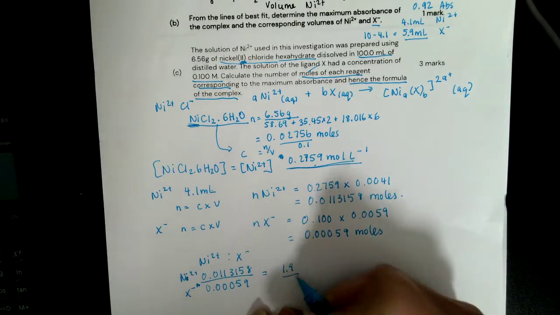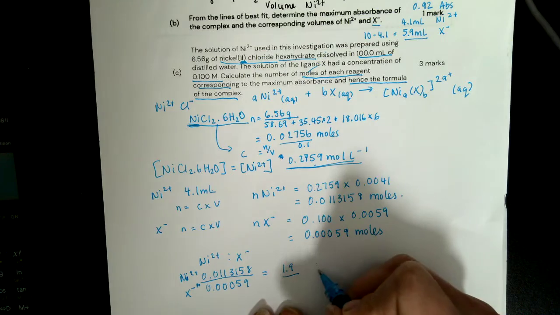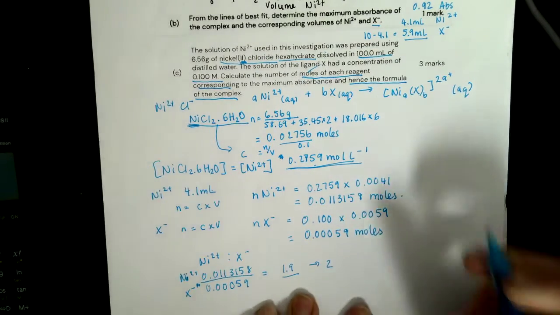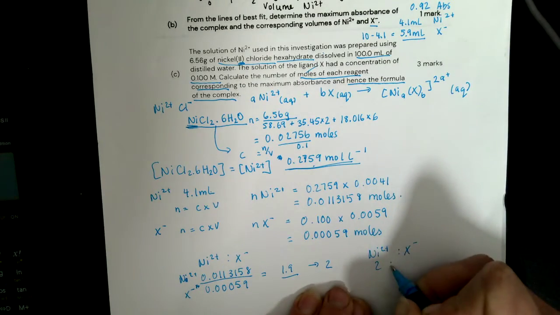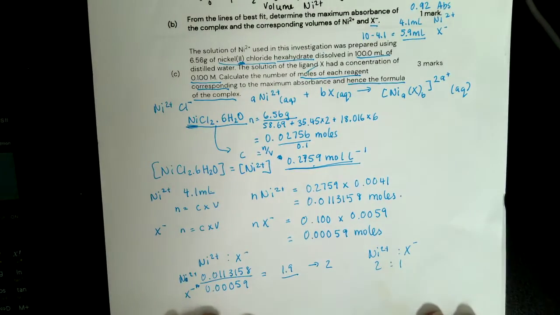We can't have 1.9 as a molar ratio, so I'm going to round that up to 2. So Ni2+ to X minus is a 2-to-1 ratio.